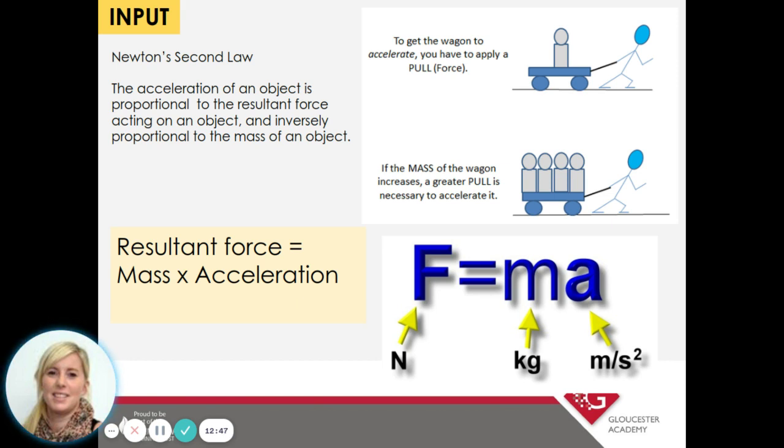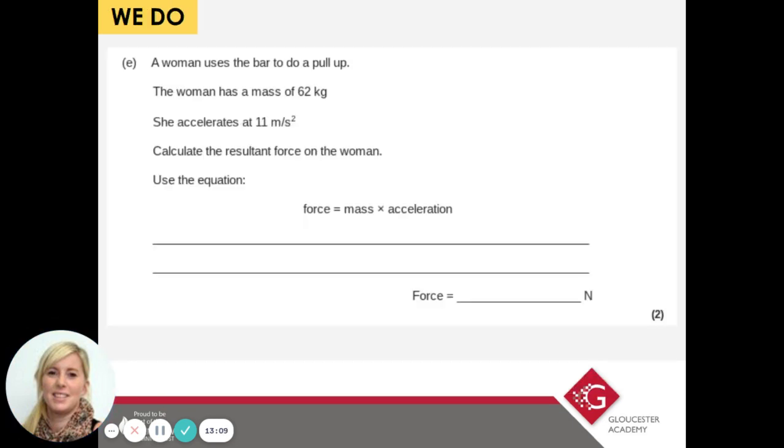So F equals ma, and that stands for force equals mass times acceleration. Okay. And generally, when something has more mass, then it requires a greater force to get it to accelerate. And with this equation, you've got the units newtons for force, kilograms for mass, and then acceleration is meters per second squared. So here's an example to do together.